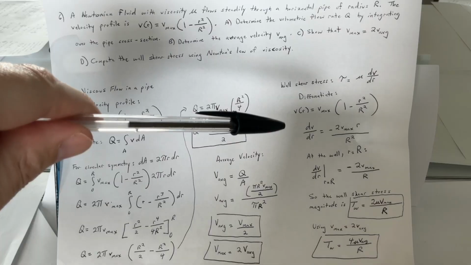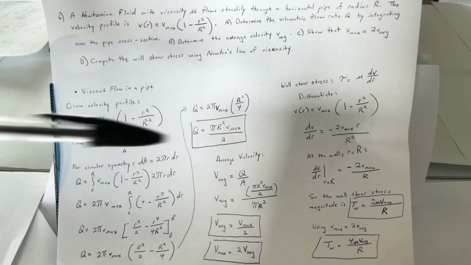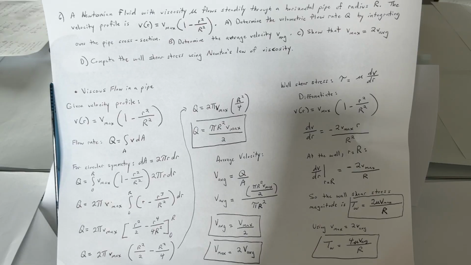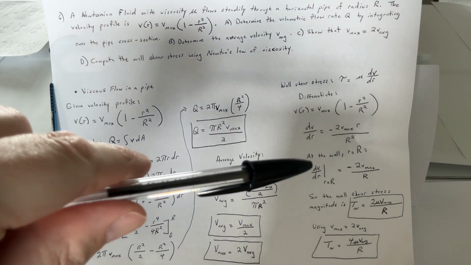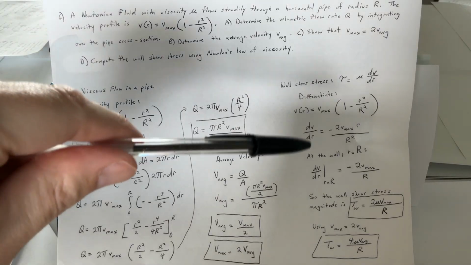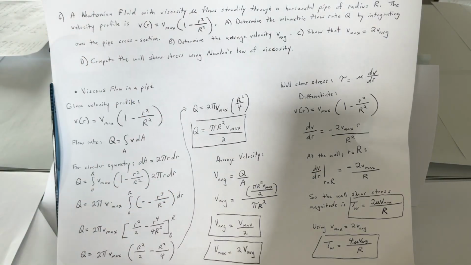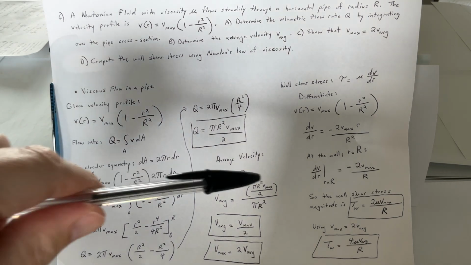When we do that, dV/dr, we're only differentiating with lowercase r. That's negative 2 V max r over capital R squared. Now we're dealing with the wall, so lowercase r equals capital R. Evaluating that derivative at r equals capital R, we get negative 2 V sub max over capital R.